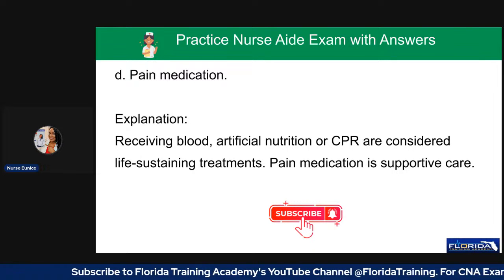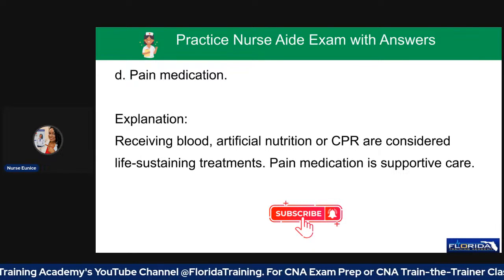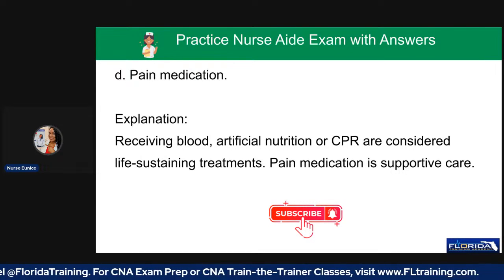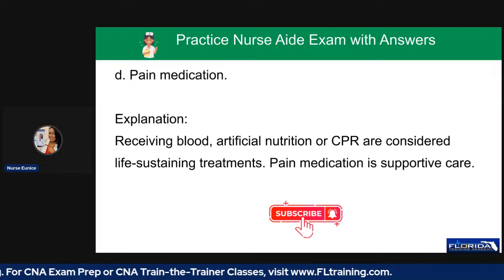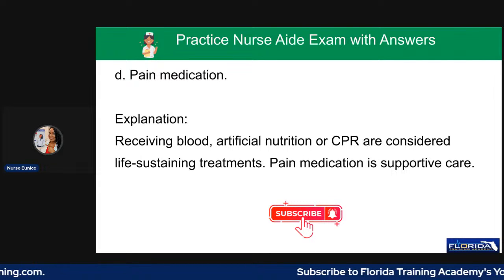And so, as a CNA, you don't provide pain medication, but you can let your nurse know when a patient is in pain. If they can't verbalize that they're in pain, you're going to be looking for cues such as maybe some grimacing. Maybe they could be guarding, grabbing their arm. Maybe every time you turn them, if they have a heart monitor, the heart rate goes up.